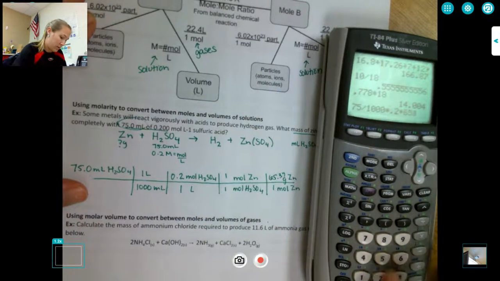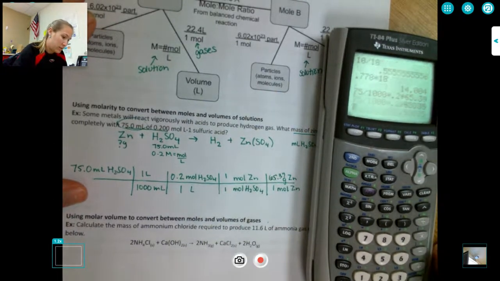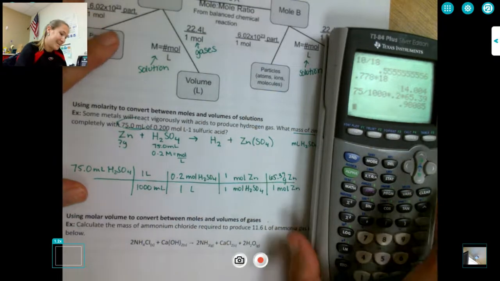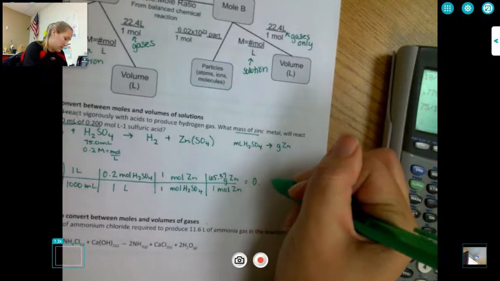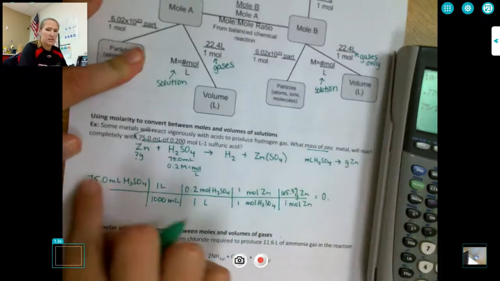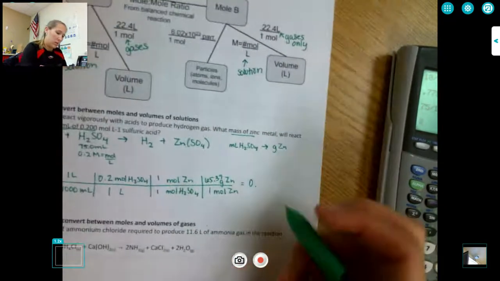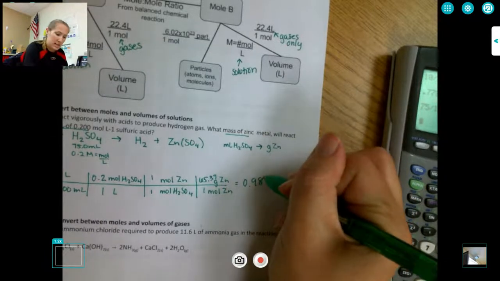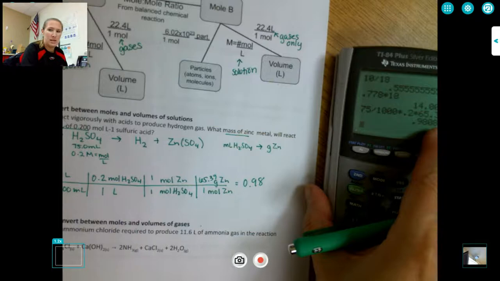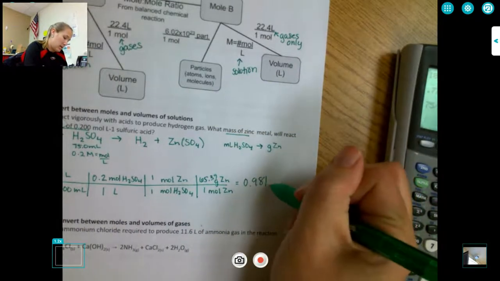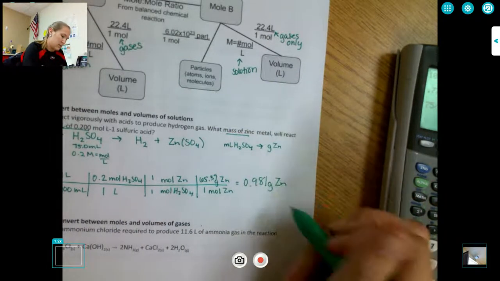So if I make a calc error, you can come tell me tomorrow. So I get 0.98 grams, and I start with 3 sig figs, my measured value. So I want 0.98, and then after that is a 0 and an 8. So I'm going to do 0.981 grams of zinc.